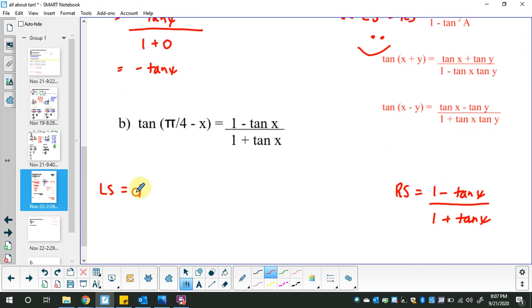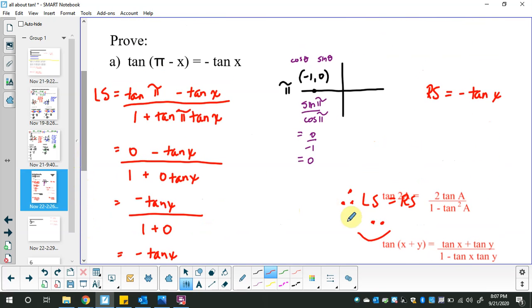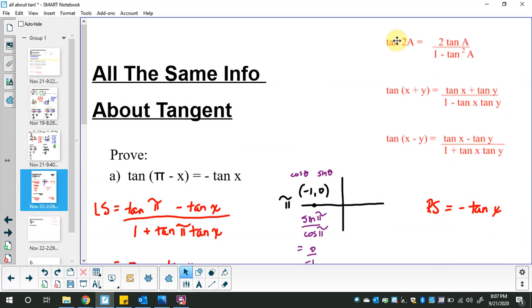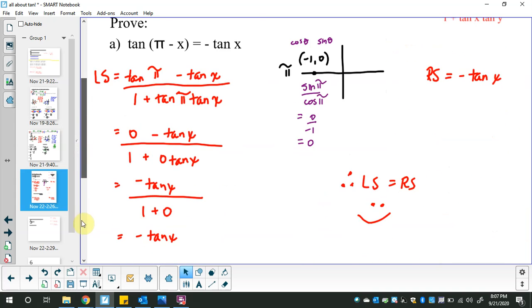So red pen, tan of the first entry minus tan of the second entry over 1 plus tan first entry tan second entry. So I'm going to need that space. I'm going to pull that back up again. So I've got what I need, and now I can focus on this.